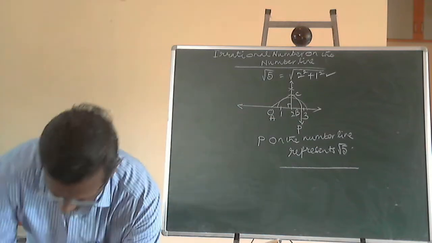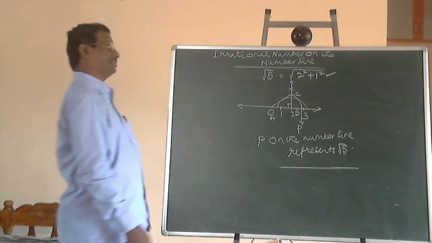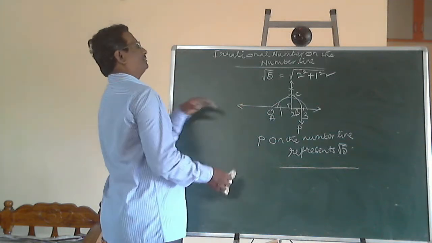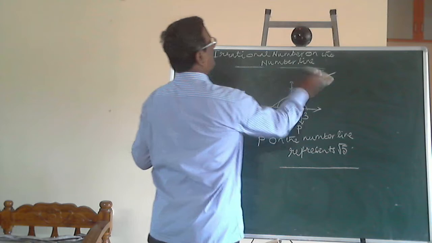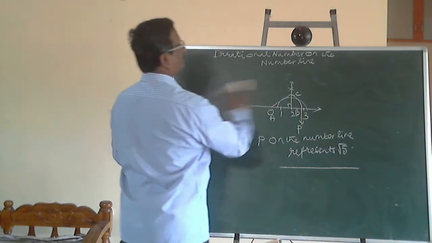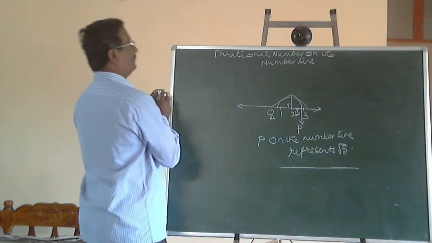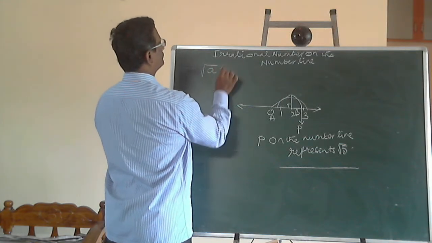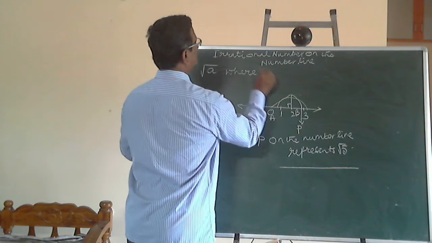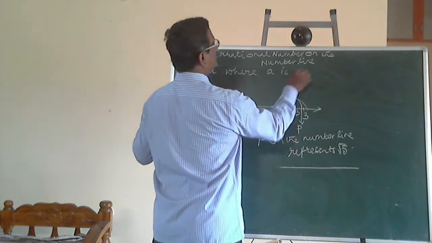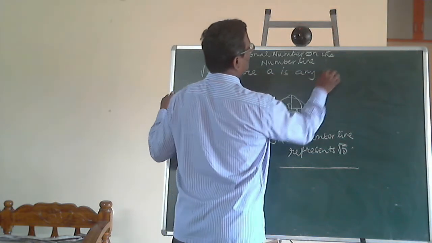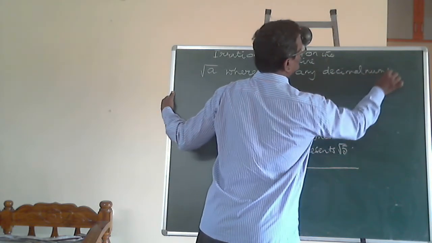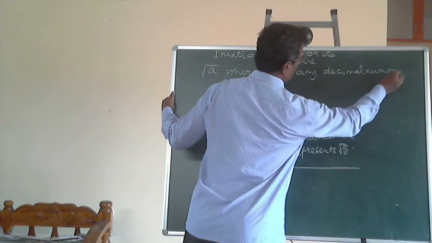Next, there is another way, another construction. When you go a little beyond this, it's possible to construct on the number line the square root of a decimal number. A is any decimal number.